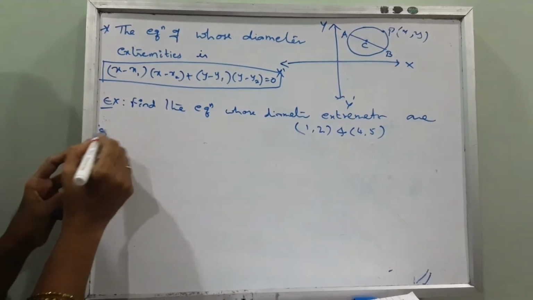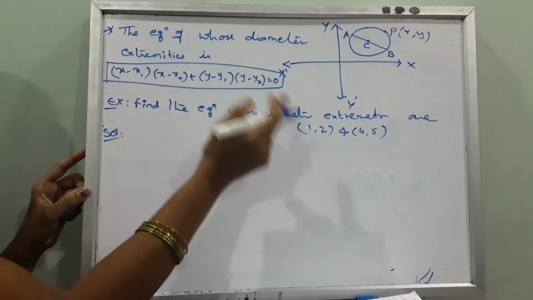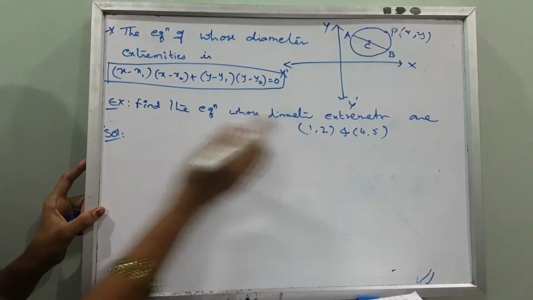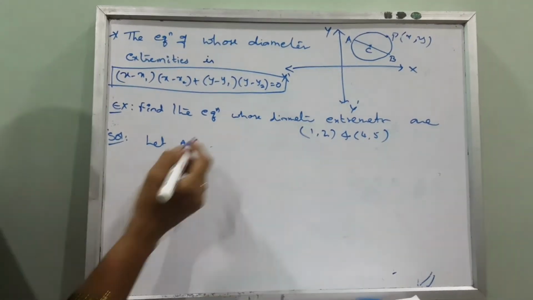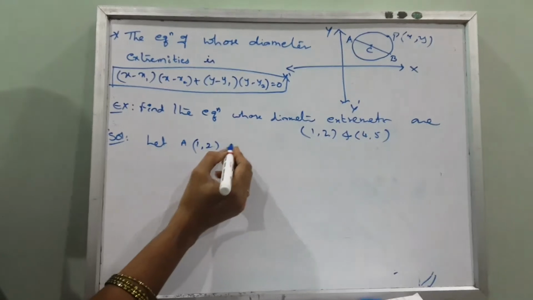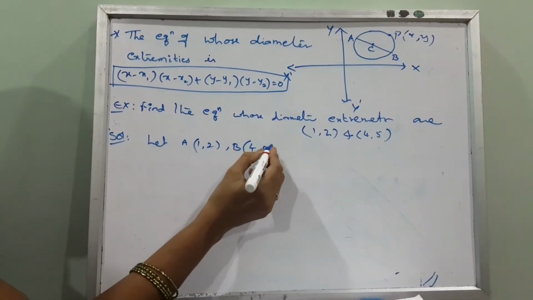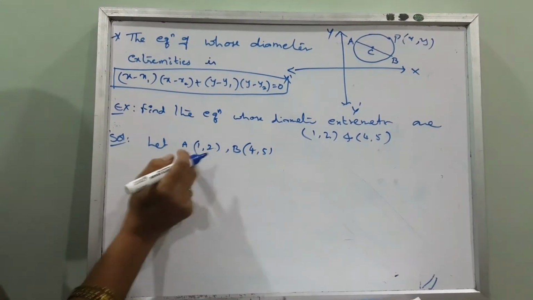Here we have to find the equation of a circle. The diameter is given. Let A be 1, 2 and B be 4, 5. Here AB is the diameter.